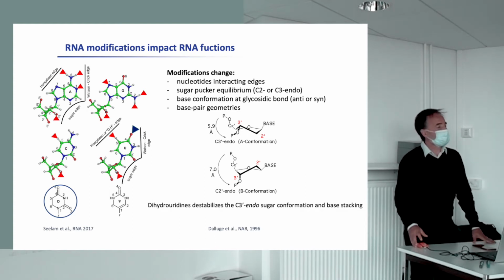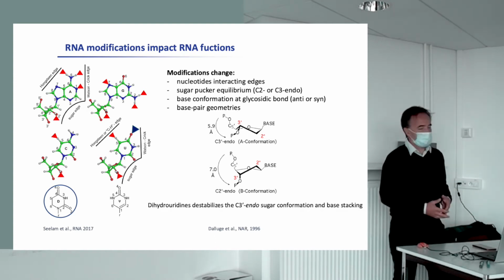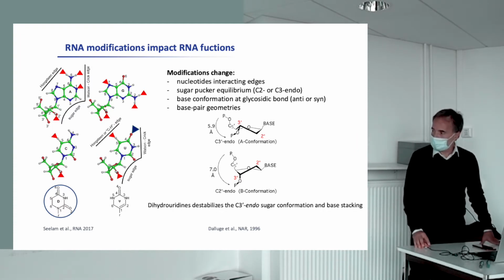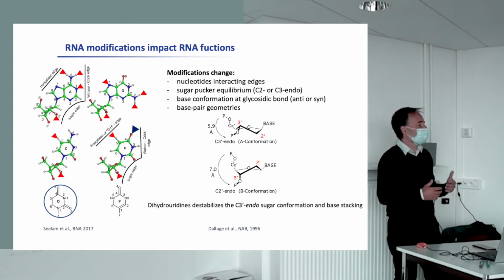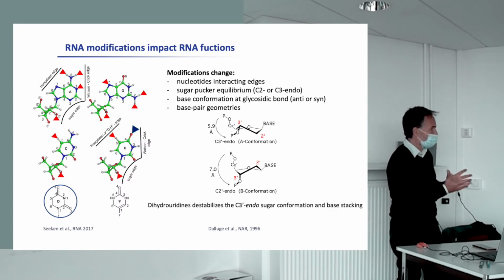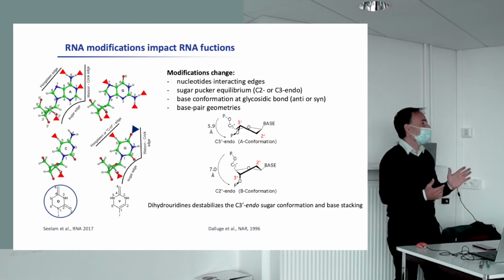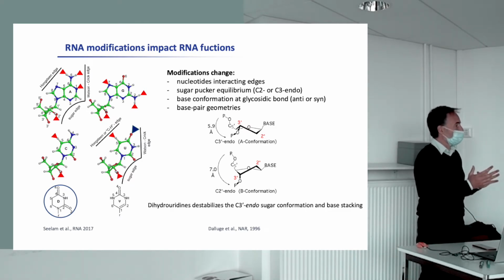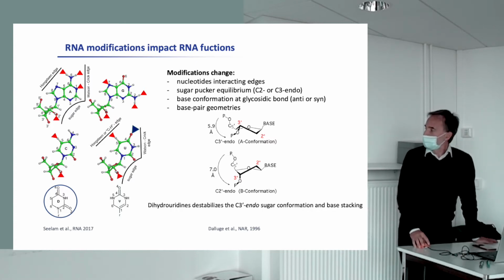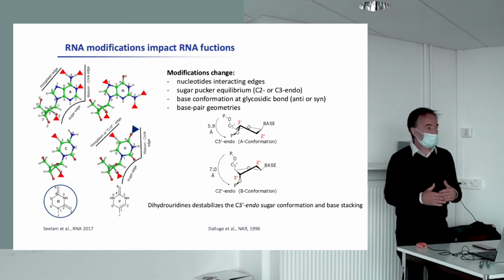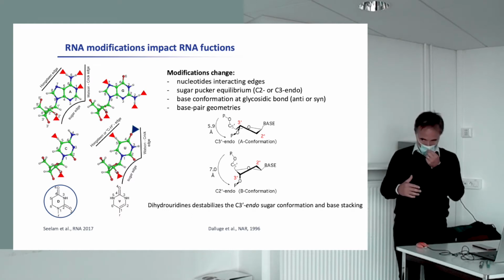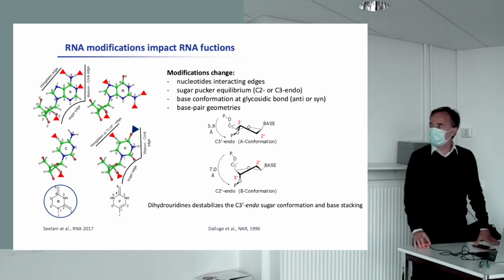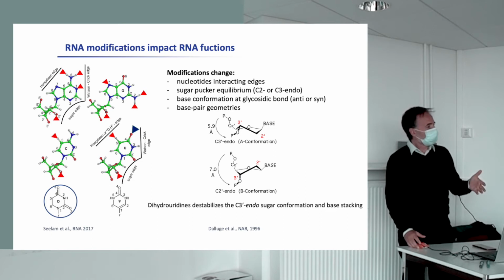If we have an RNA molecule that has been modified with dihydrouridine, you may not expect to see a regular RNA helix formed, but rather they are present in loops, favoring this single-strand conformation. Okay, because they are also inhibiting efficient base stacking.